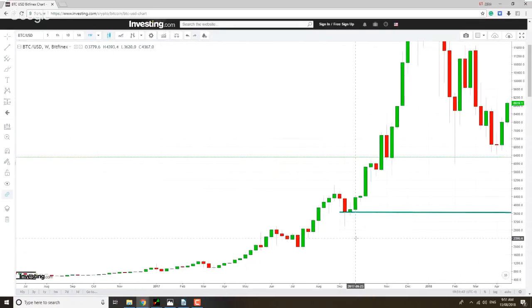So if you got into, say, this point through here, low of the bar. Oh, look, you got tagged out. If you got into this bar here, low of the bar. Oh, look, you got tagged out. So you could use the low of the weekly bars. Oh, look, you got tagged out there before the pullback.